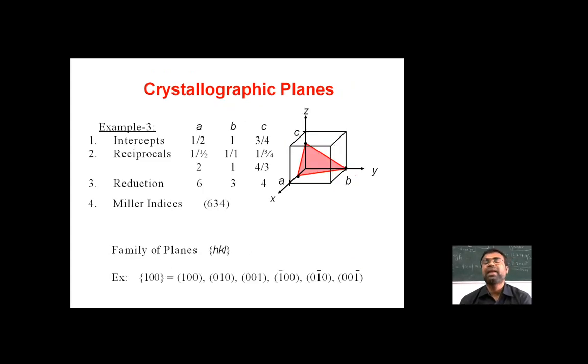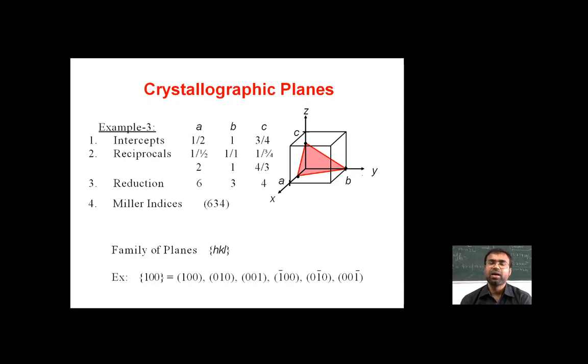In the third example, the intercepts are 1/2, 1, 3/4. So we just reciprocate that and then reduce to the smallest integers, and we get the Miller indices for the same.